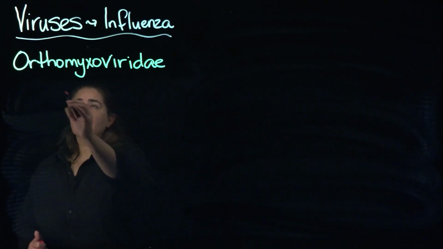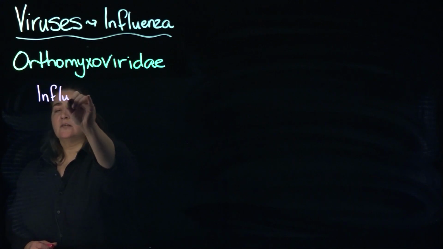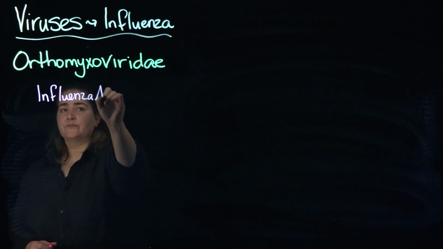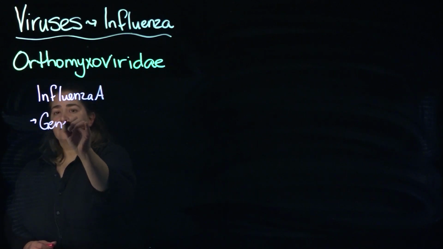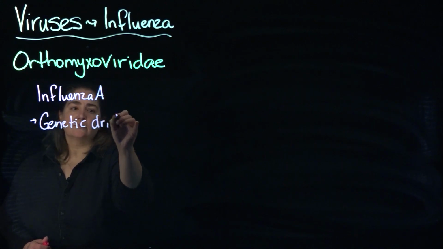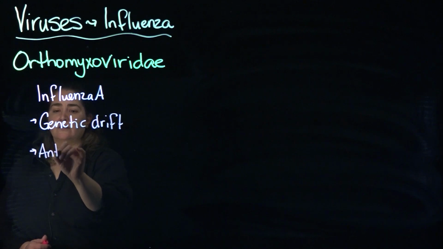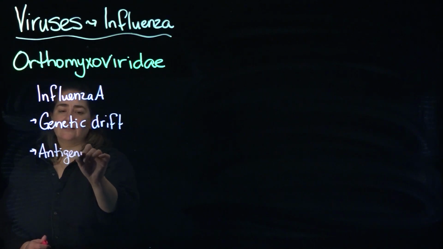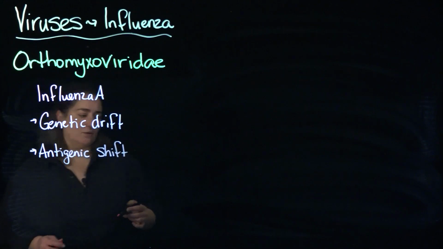So the two things that are associated with influenza A are genetic drift and antigenic shift, okay?